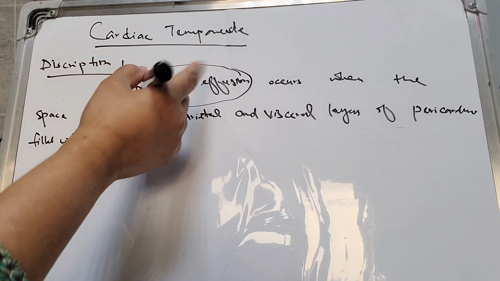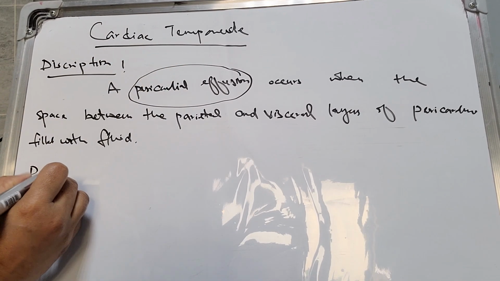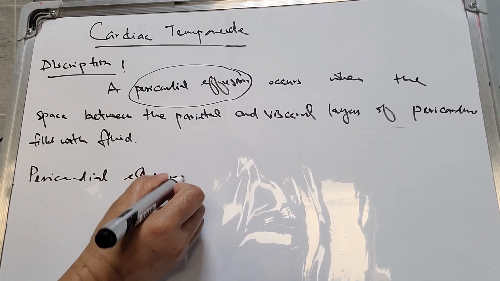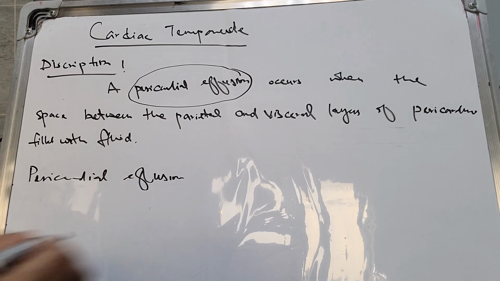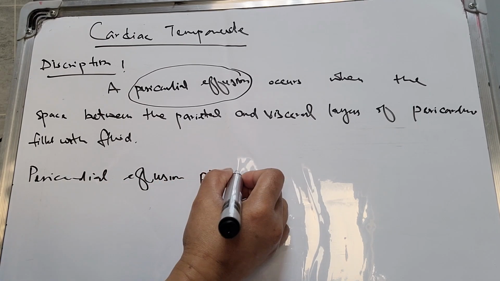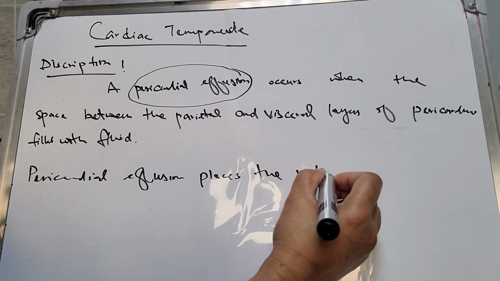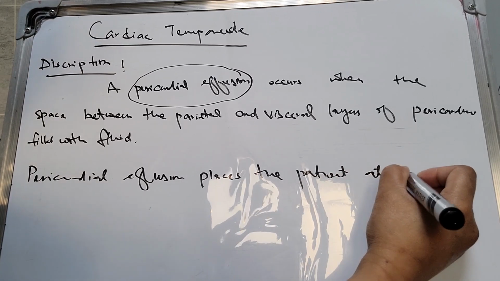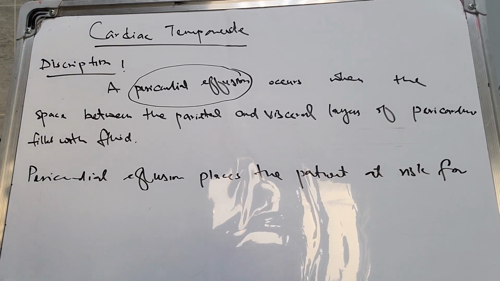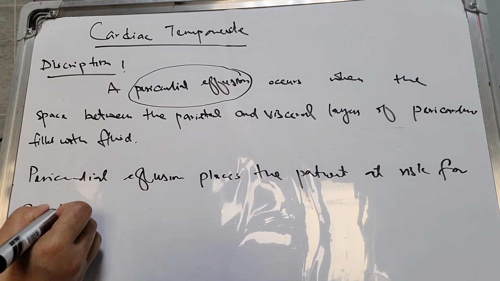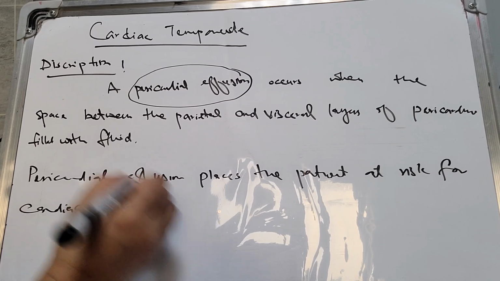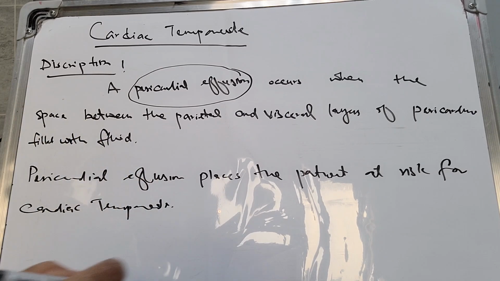The pericardial effusion places the patient at risk for cardiac tamponade. Pericardial effusion places the patient at risk for cardiac tamponade.